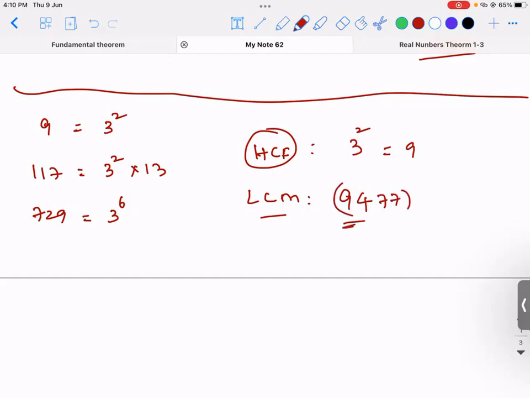Now the next task. Multiply 9477 and 9. That is the highest common factor of ABC and the least common multiple of ABC. We found it, right? Now we are going to find the product of them. And what is expected? Product of LCM and HCF of these three numbers.